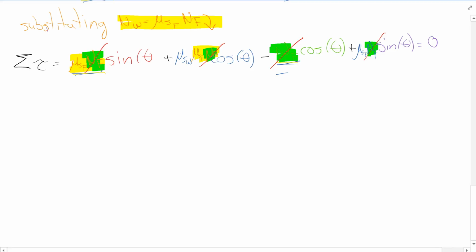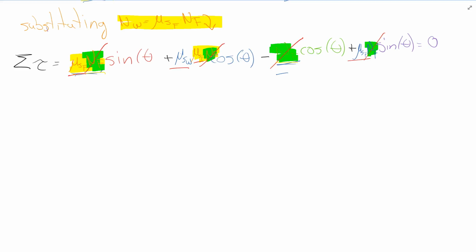What that means is that the only things left in my equation are the mu's, which I know, and the theta terms, which I'm looking for. And that makes my life really, really nice and easy.